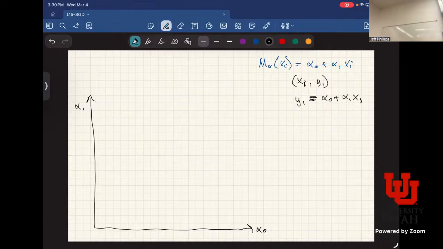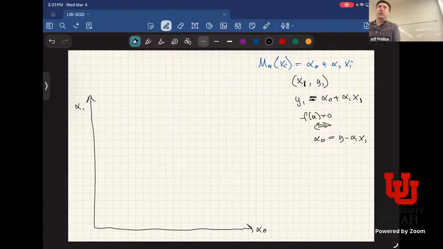What is the space in alpha land, this 2-dimensional space of alpha, where that equation is 0? What does that look like? Well, I want f of alpha to equal 0 if alpha 0 equals y minus alpha 1 x1. What does this correspond to?